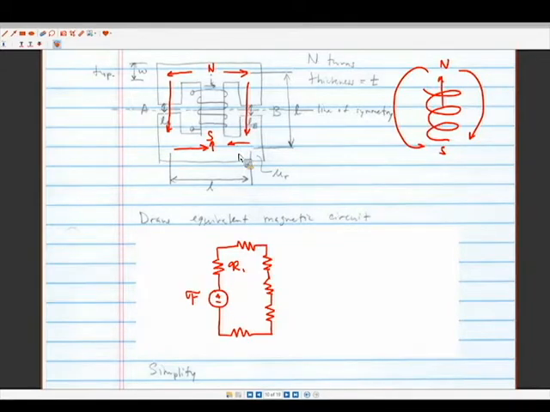So labeling these, we'll have R3, R5, RB, and R7. All right, left-hand side is identical. Well, we have different geometries here, so they'll have different values, but the electrical circuit analogy will be exactly the same.